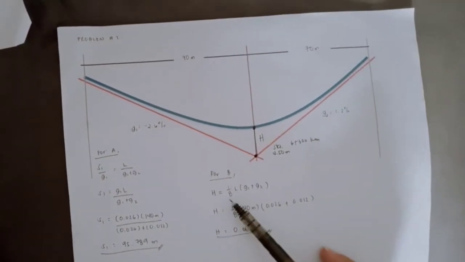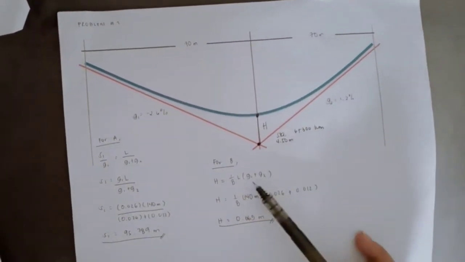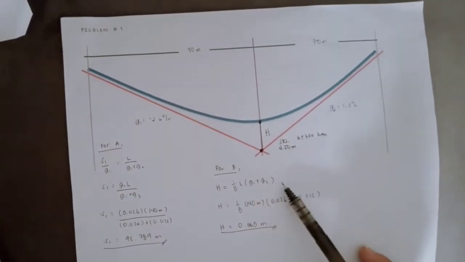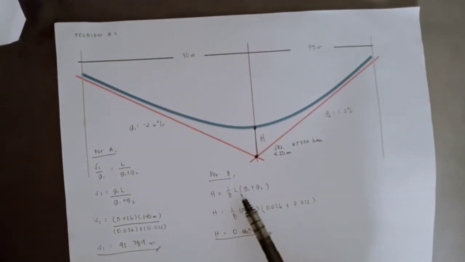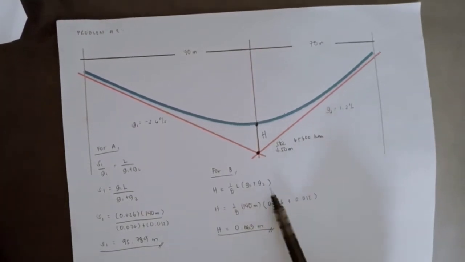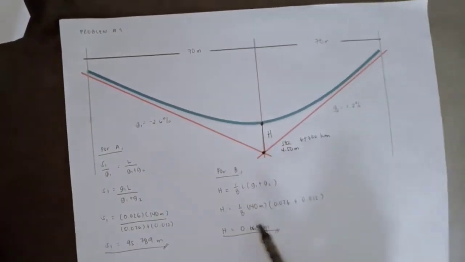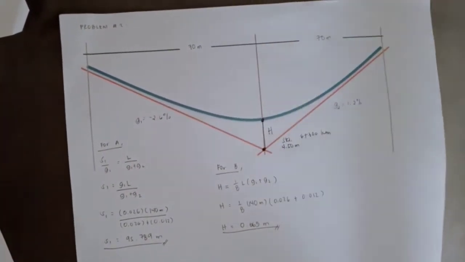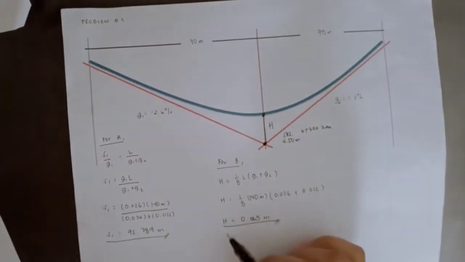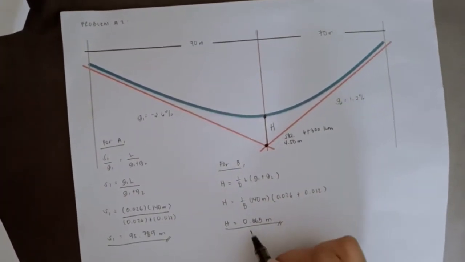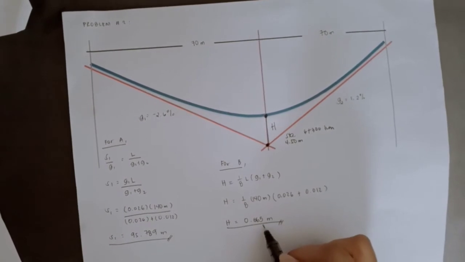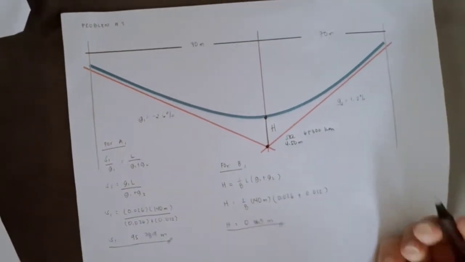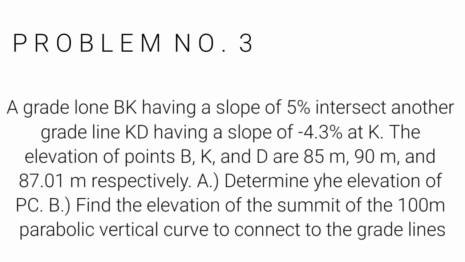It is 1/8 of the length times the G sub 1 plus G sub 2. Eh, meron naman tayong lahat ng value ng L, meron tayong value nito at nito. So, we could simply input all we have and then put it on the calculator and then lalabas ang value na 0.665 meters.